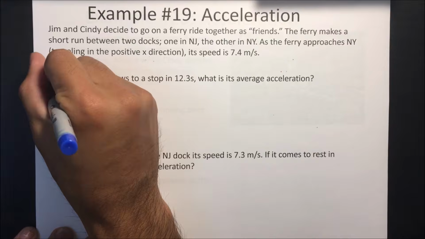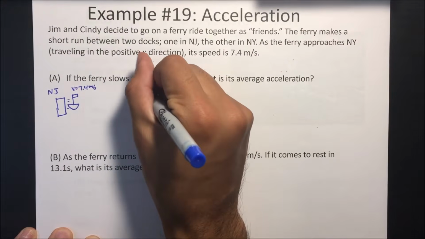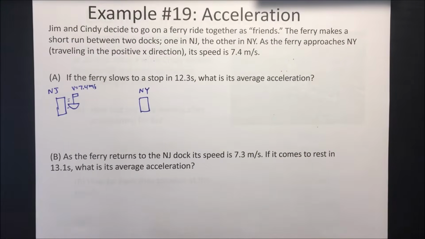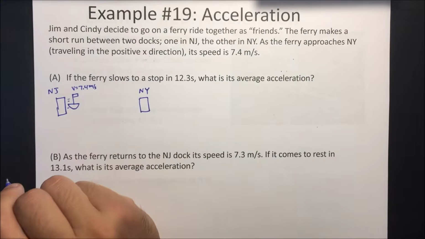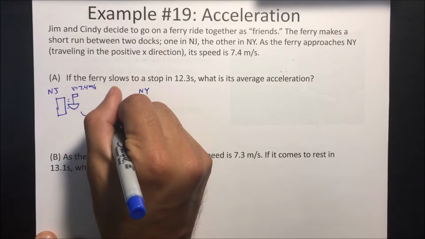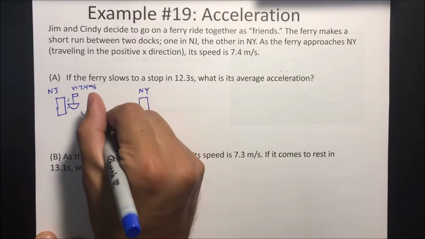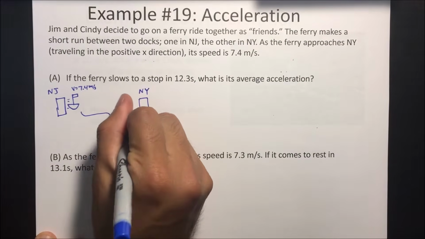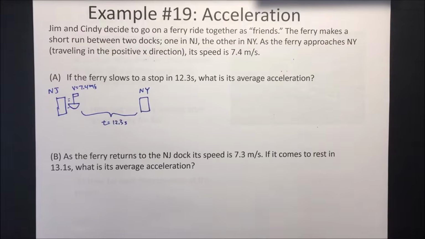And we're going to call this the New Jersey side, and this is the New York side. And we also know that it's going to take 12.3 seconds to come to a stop.